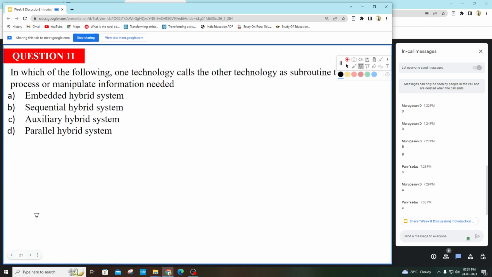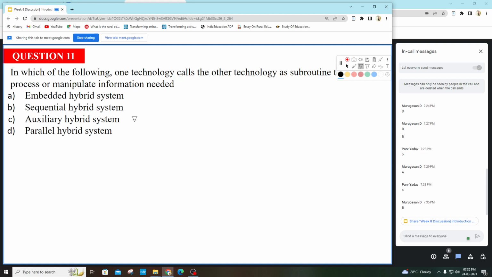Let's move to question number 11. In which of the following does one technology call the other technology as a subroutine to process or manipulate information as needed? Any guesses for this? I discussed this when I was teaching the hybrid system.